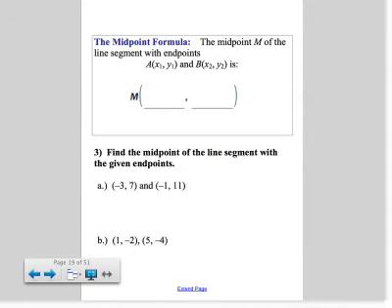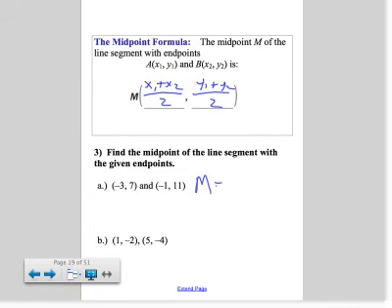Alright, the midpoint formula. The midpoint of any 2 coordinates is, you average your x coordinates and average your y coordinates. So you add your x's together and divide by 2, and you add your y's together and divide by 2. Okay, so it says find the midpoint of the line segment with the given endpoints. So you have to average your x's.